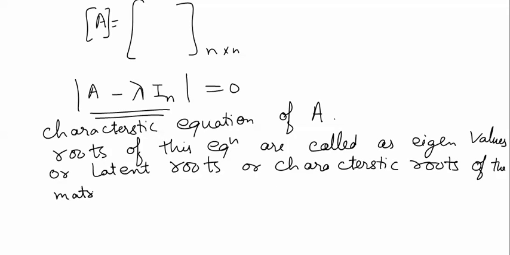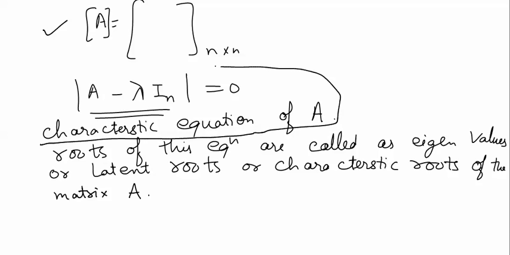Now it's very simple to understand mathematically. I said there is a matrix A of order n. You have to find A minus lambda I, where I is the unit matrix. If you find the determinant and equate it to 0, this forms the characteristic equation of A, and the roots of this equation are called the eigenvalues, latent roots or characteristic roots of matrix A. Getting my point?